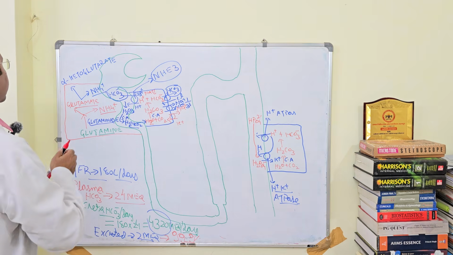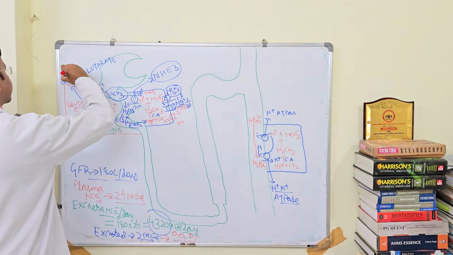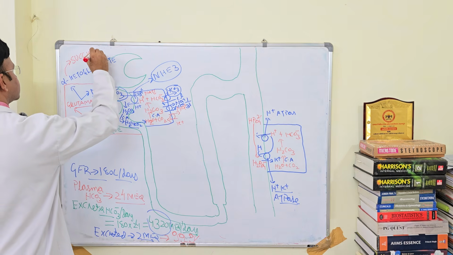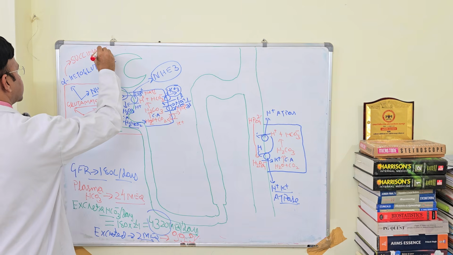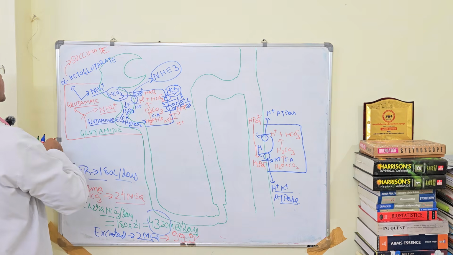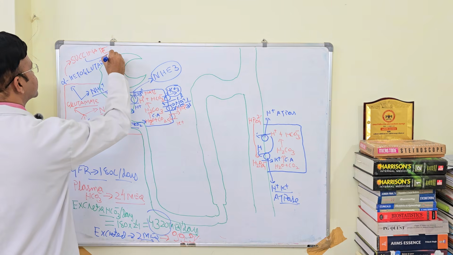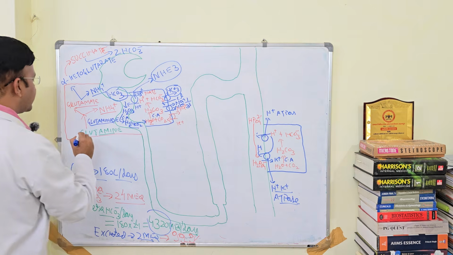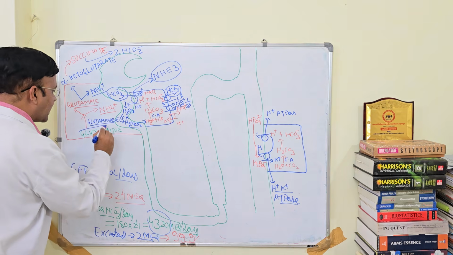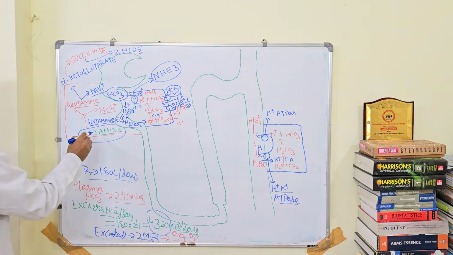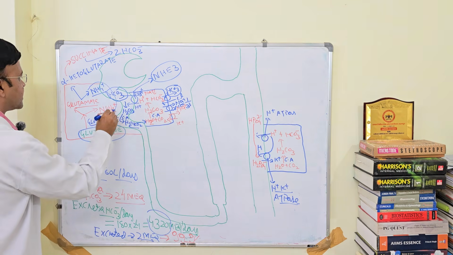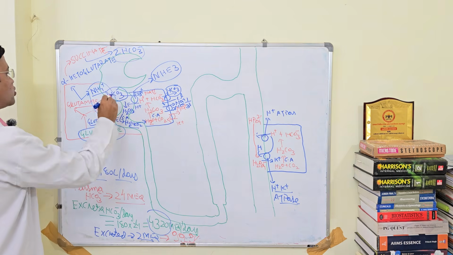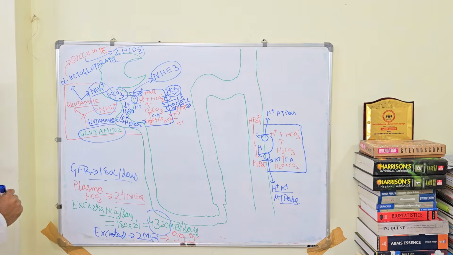This alpha ketoglutarate will get further converted into succinate, and this succinate will give us 2 bicarbonate ions. So every time one molecule of glutamine undergoes metabolism, what do you get? You get 2 NH4 plus ions and 2 bicarbonate ions.